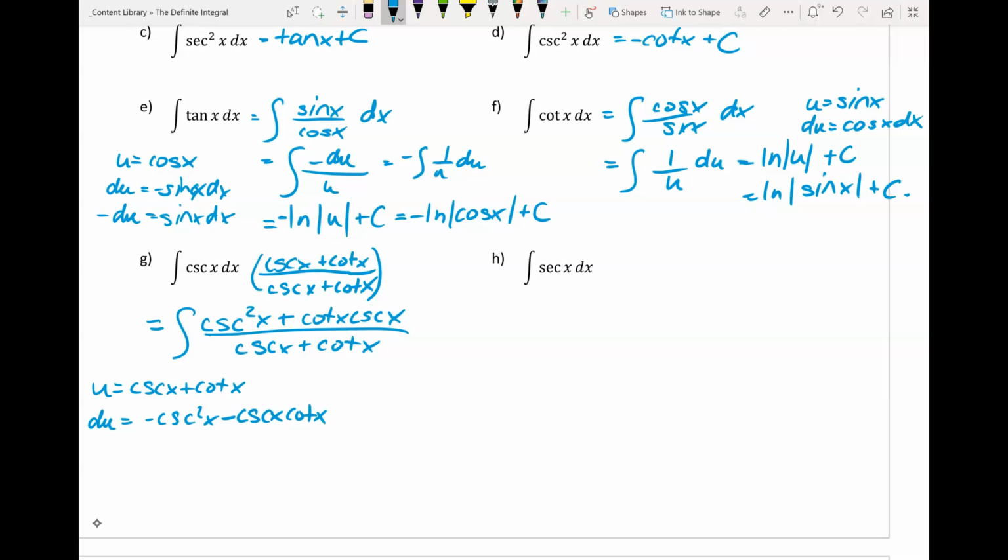And don't forget your dx at the end. And if you take a look at what we have and compare it with our numerator in the original integral, we're just off by that negative, and we can just factor that out.